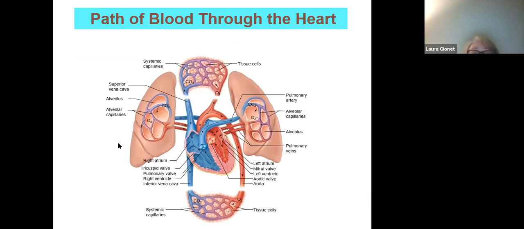Something that you need to practice and really commit to memory is the path through the heart. Generally we start with the right atrium, and this diagram is very good for indicating that. The right side, all in blue, represents the gas level of the blood passing through these chambers. We have the larger chamber, the right atrium.